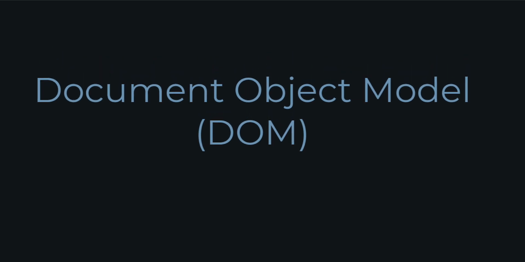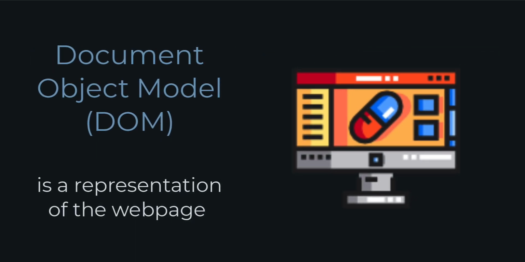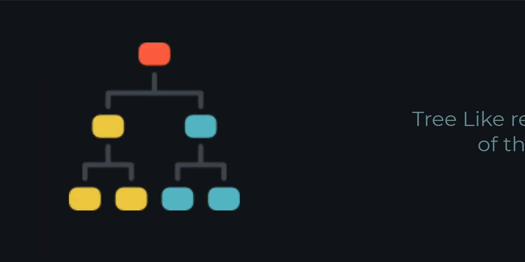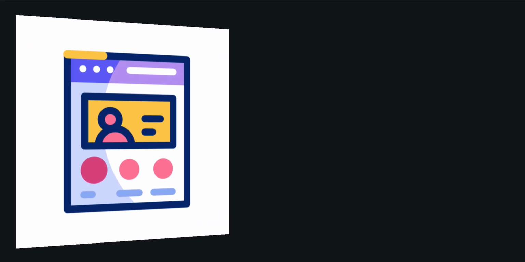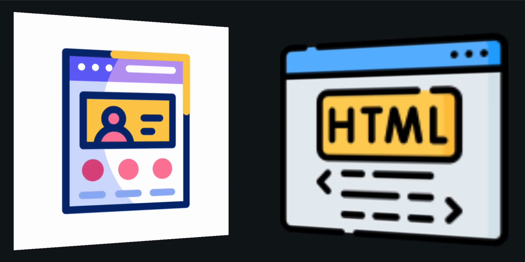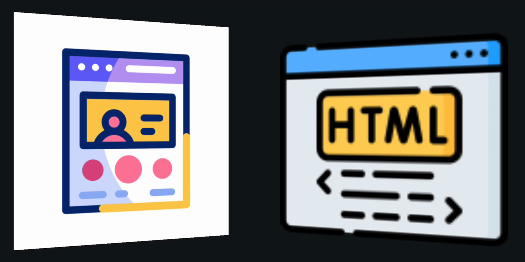The document object model, short for DOM, is just a representation of your web page. This representation comes in the form of a tree-like structure. First of all, you have a web page, and then you have HTML elements making up the content of this web page.